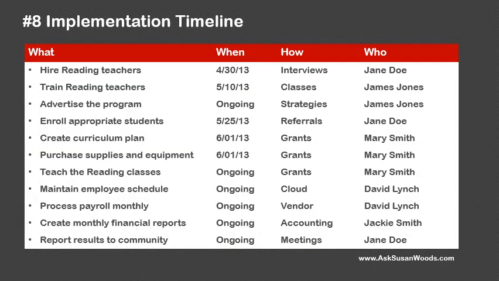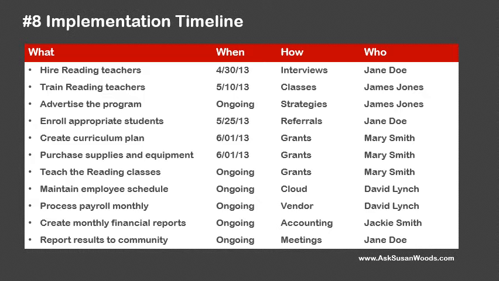For the implementation timeline, I like to use just a basic table and divide it into 4 columns: what, when, how, and who or whom. The what tells what activities you've already said you're going to do in your program description. So we're talking about the ABC reading fundamentals that Mrs. Gladys Jones wants to implement in her community, and she has hired you to be her grant writer.